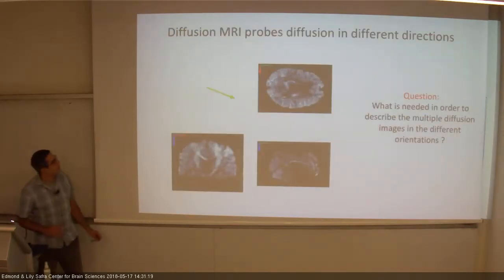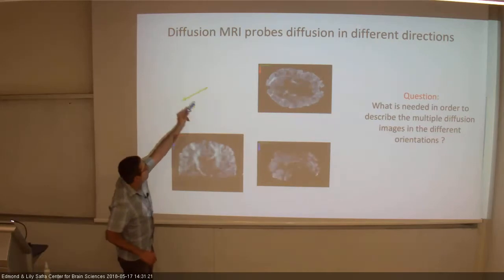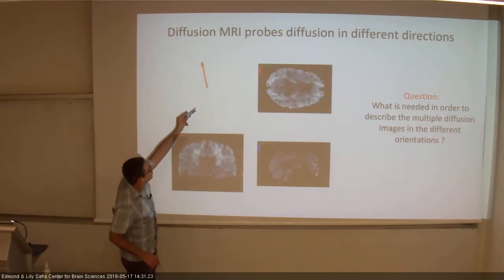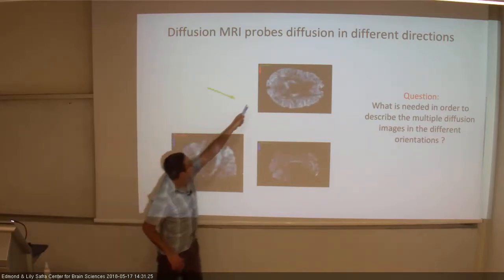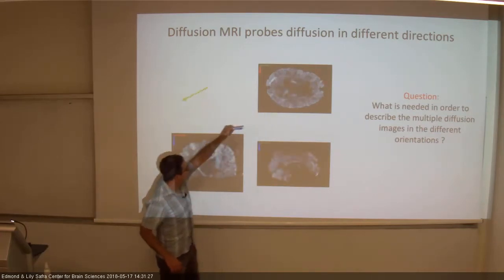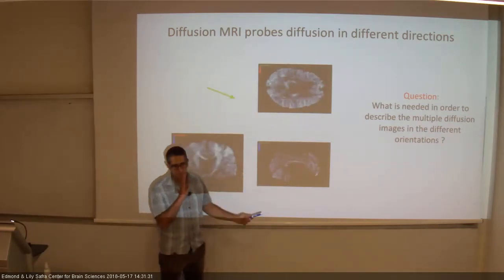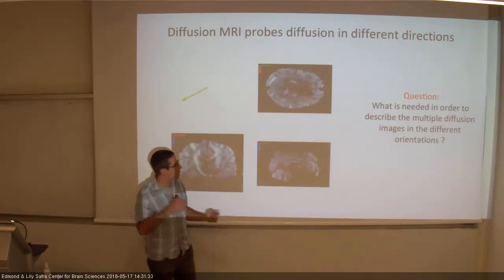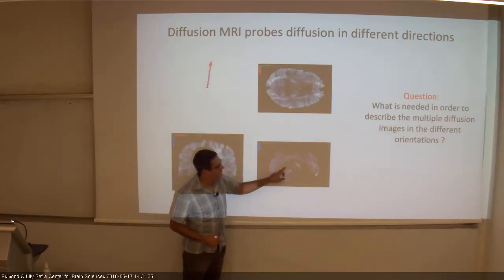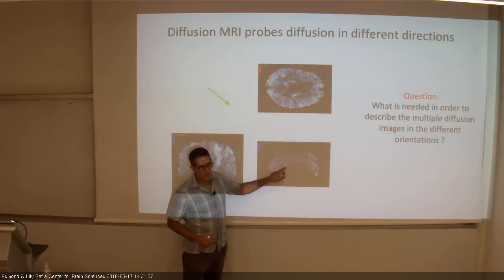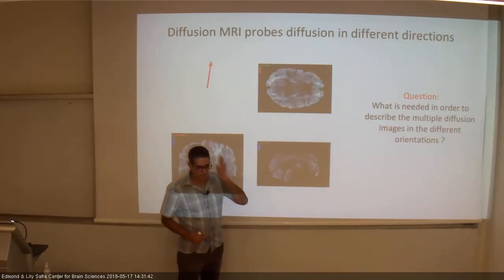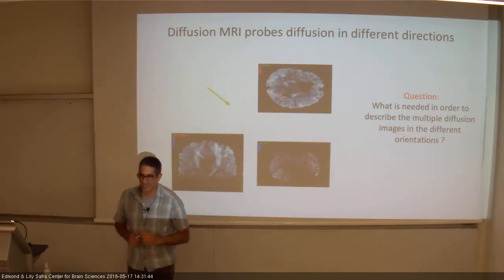Now I'm turning it in all directions. So it's a movie, right? And you can see different tracks changing. And this is a nice image. This is the sagittal one, so you can see the corpus callosum, and there is a moment when it becomes bright, and then it becomes dark, right? So it really becomes bright when the direction of the diffusion is aligned. Yes. Great.